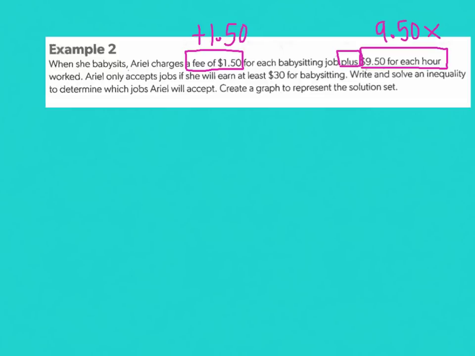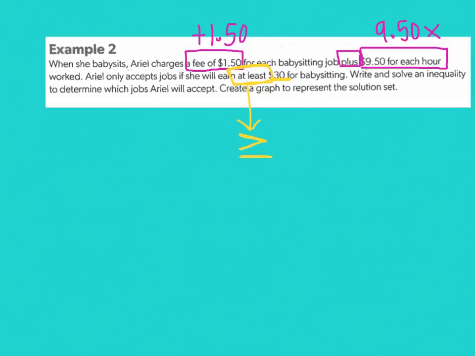The last thing when you keep reading is she earns at least $30. At least means you could get more, but you cannot get less than. So she can get more or exactly equal to, but she cannot get less when it says at least.